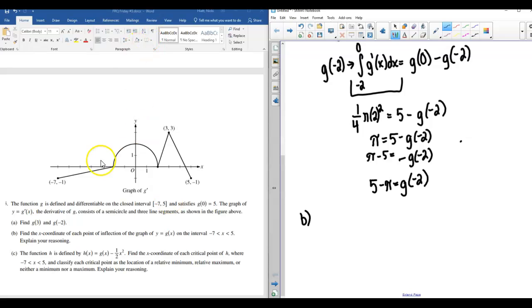So we can see right here at x equals 0, we go from increasing to decreasing on our derivative. Right here at x equals 2, we go from decreasing to increasing. And then here we go increasing to decreasing at 3.